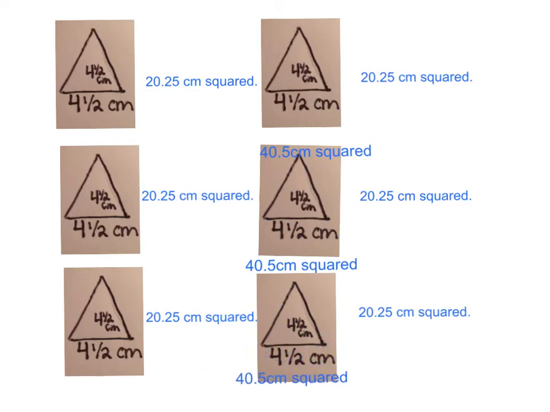And the next step that I had to do was add these 3 areas together to come up with the surface area. The first thing I did, because I didn't want to add all 3 of them up at one time, I did this area plus this area, and that answer came out to be 81 centimeters squared.